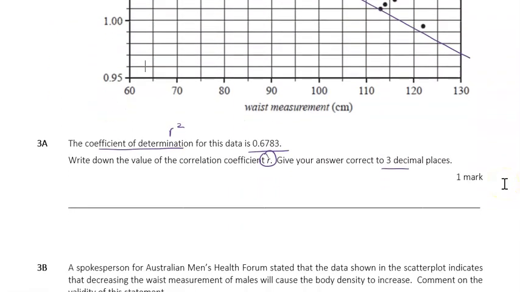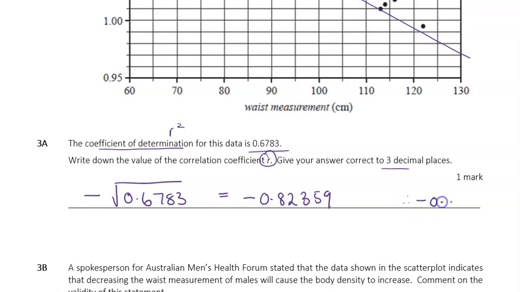So in our calculator, we want to do the negative square root of 0.6783, so that we end up with the correct R value. So from our calculator, we get negative 0.82359, rounding that to 3 decimal places, so negative 0.824.